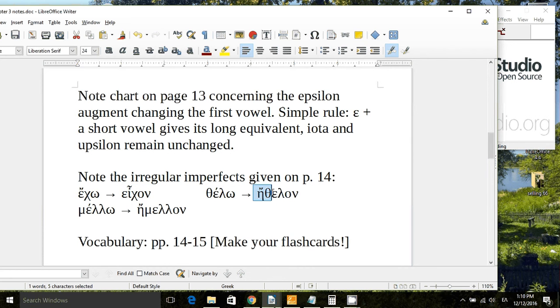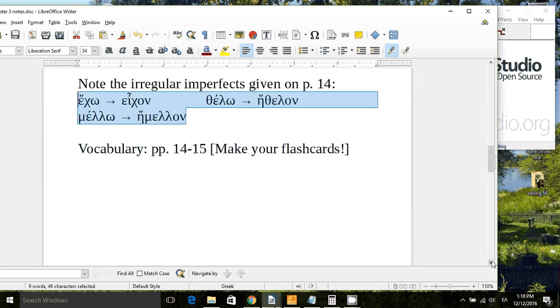Thelo ends up with ethelon. In an older form of this word, it used to have an epsilon on the front. That's why it ends up looking like that. And the same with mello, which ends up with emellon. So you should make these part of your vocabulary flashcards for this week, these irregular imperfect forms of these verbs. On pages 14 and 15, you need to make your flashcards of these words. I'll read them there for you.